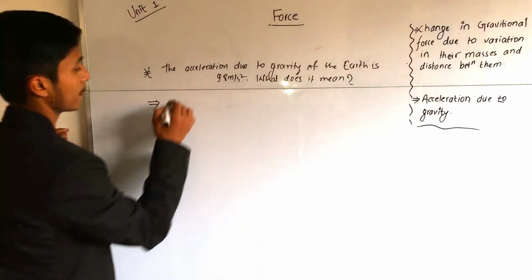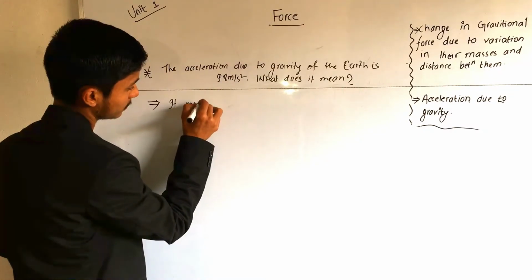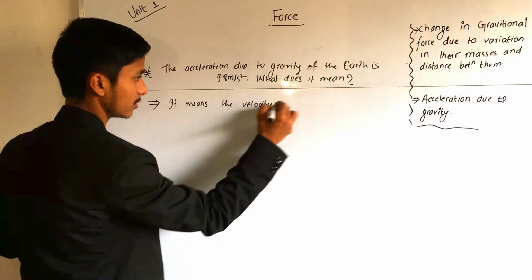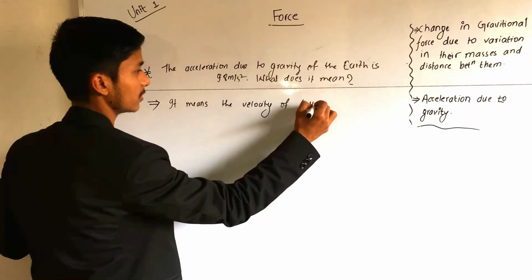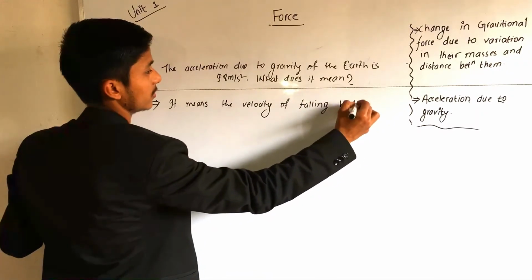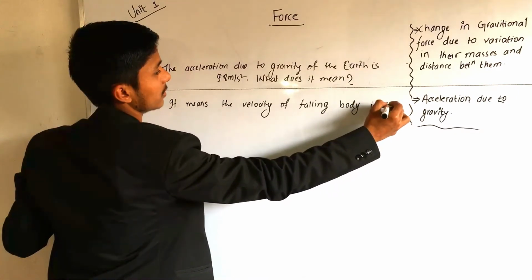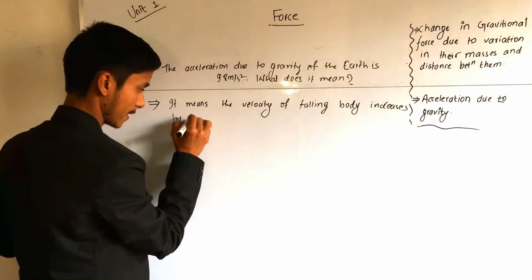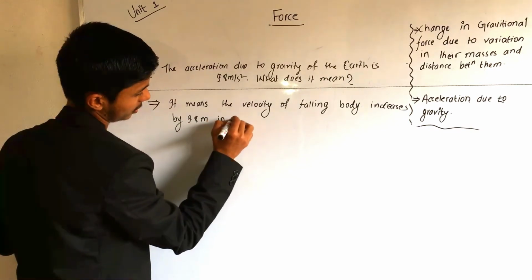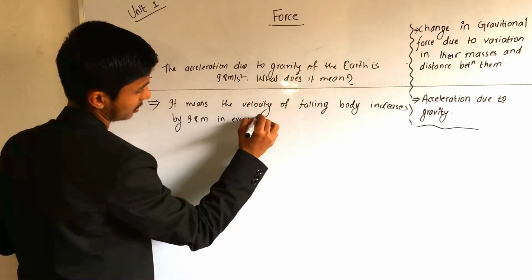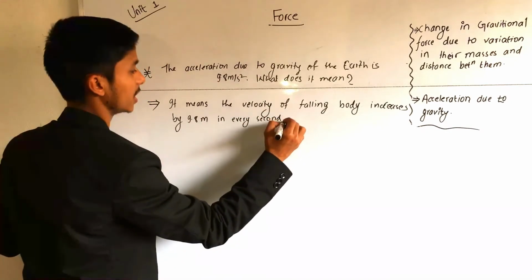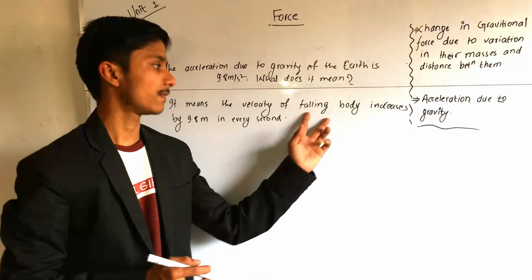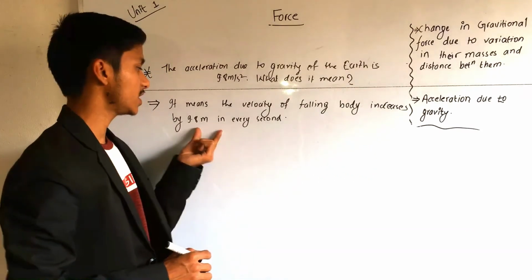Okay. It means the velocity of a falling body increases by 9.8 meter in every second.